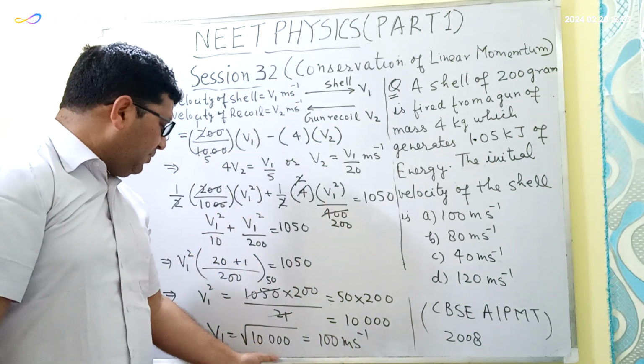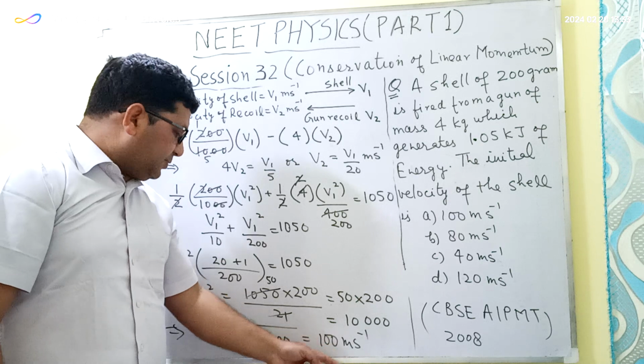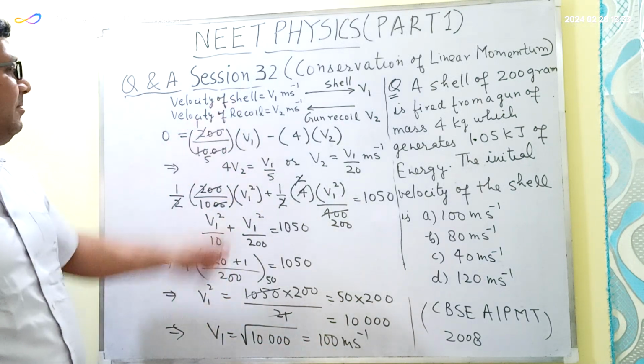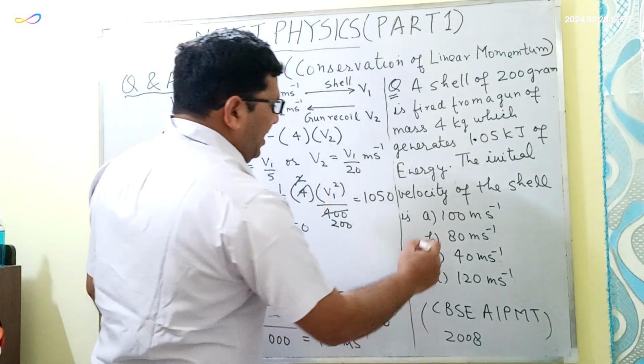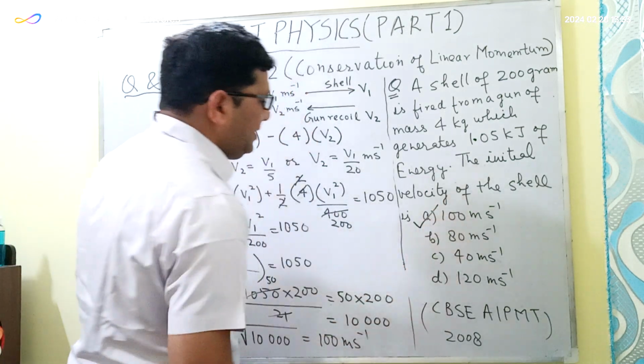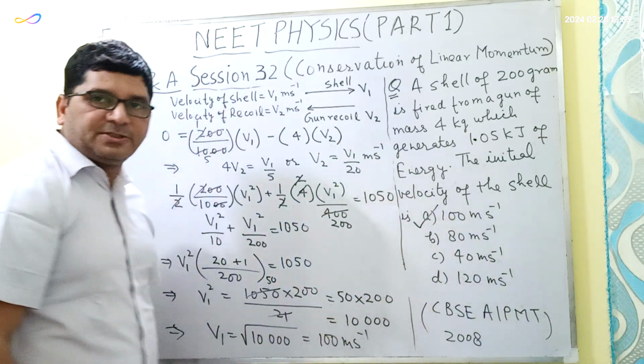So the velocity of the shell is equal to 100 meter per second, and the correct option is A, that is this one, 100 meter per second.